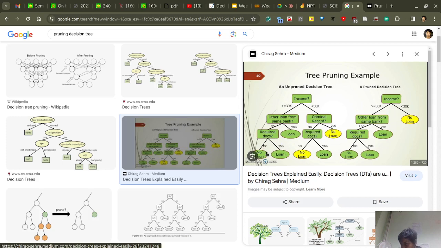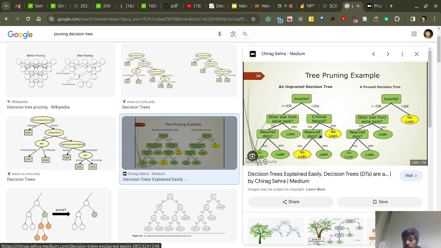But if it is decreasing the error or keeping it the same, then we'll just remove this and post the no here. For example, suppose here there are 10 no and 5 yes, okay, and the majority of them are no, right?